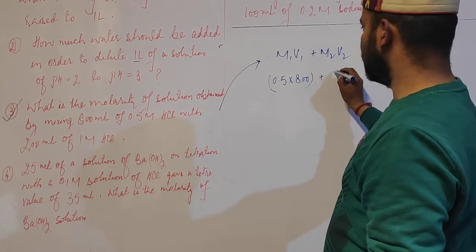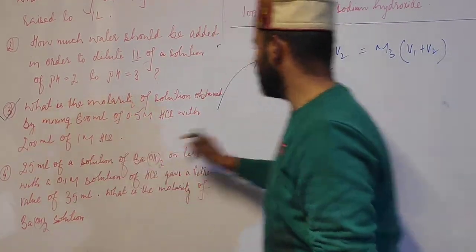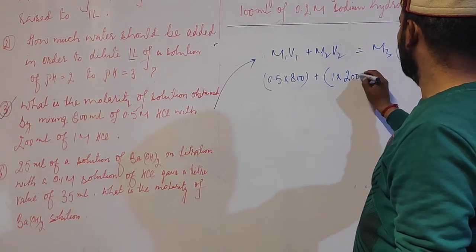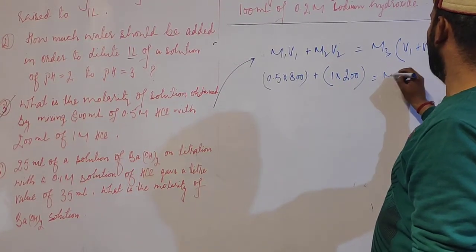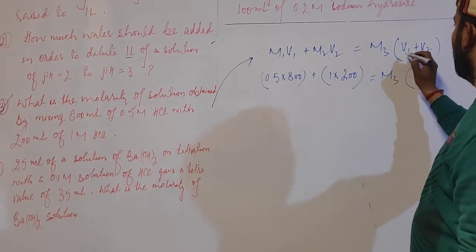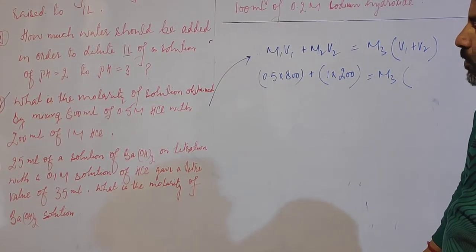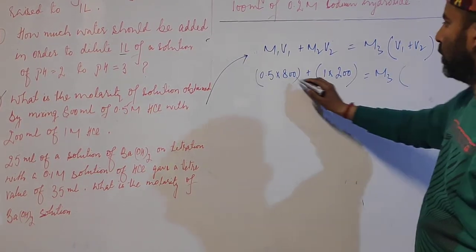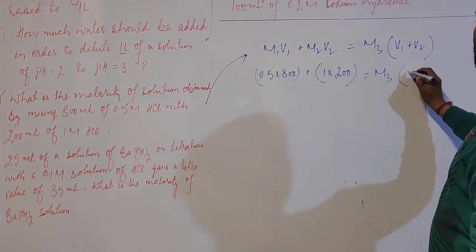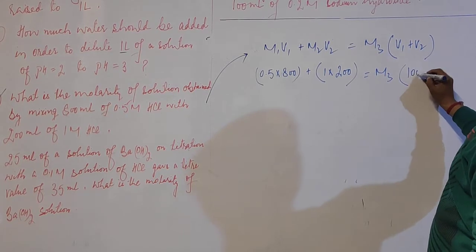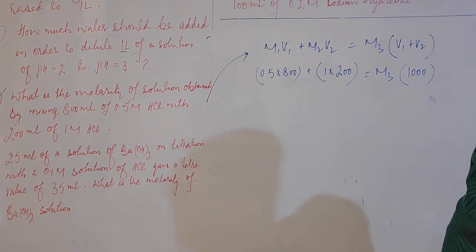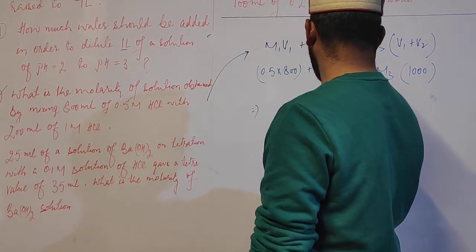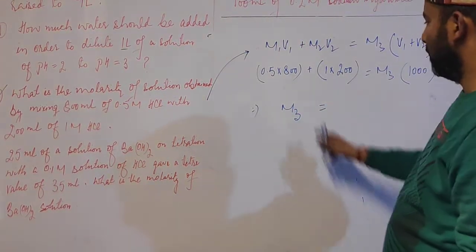The molarity of the second solution is 1 and its volume is 200. V1 plus V2 is 800 plus 200, that is 1000 milliliters. So from this we find the molarity M3.